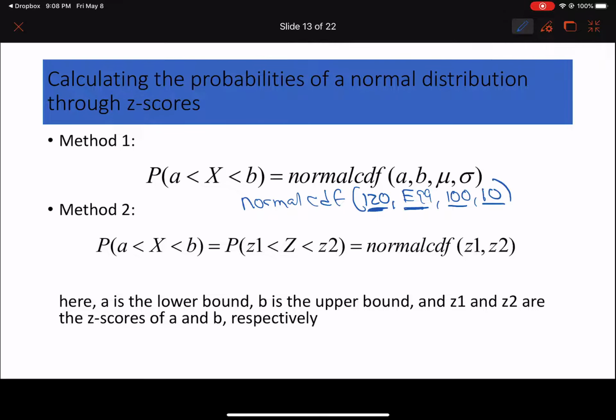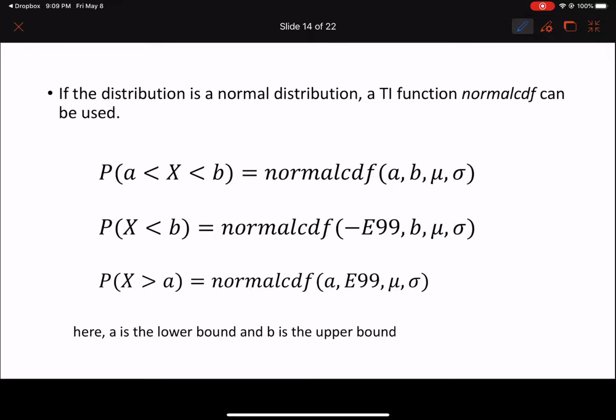Method 2 is by using z-scores. So you would use your normal CDF, put in your lower z-score and your upper z-score. Make sure that if you're using a TI-84, your mean is 0 and your standard deviation is 1. Okay, moving on. This is just everything put into one spot, all of the methods.